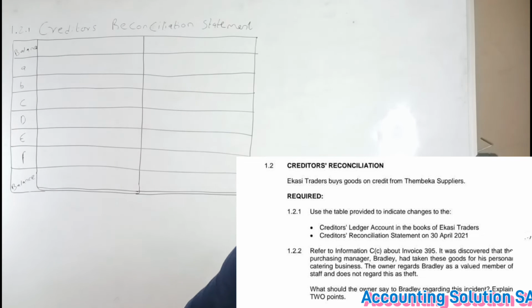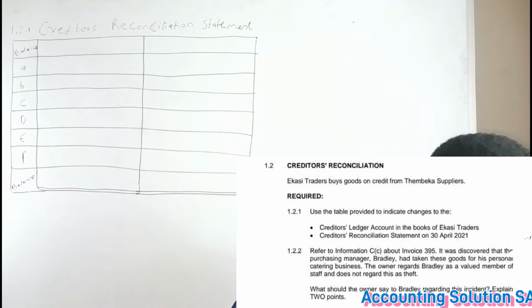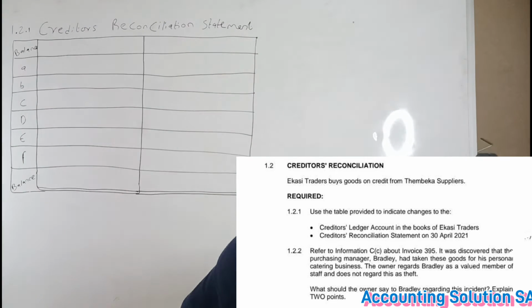Remember, when we say creditors ledger account, we are referring to our books. And the creditors reconciliation statement, we simply refer to the books of our supplier. You also have to know that.